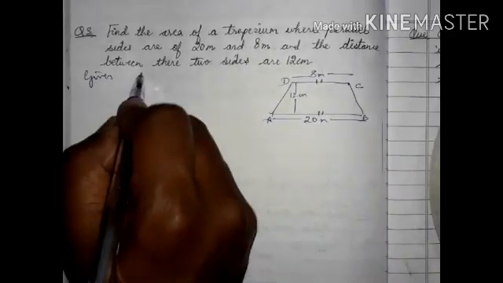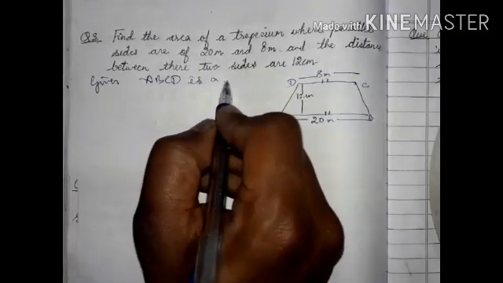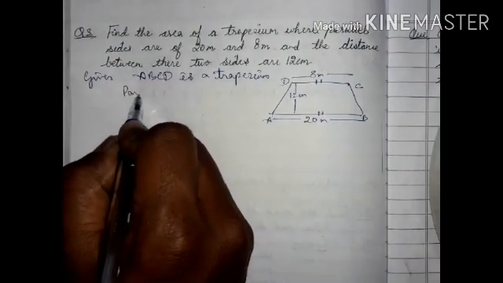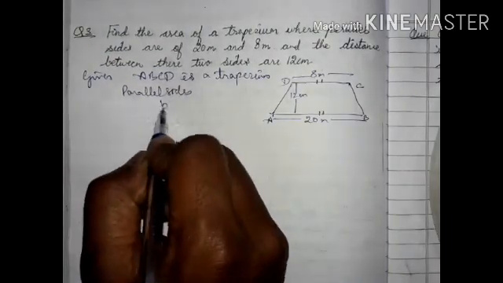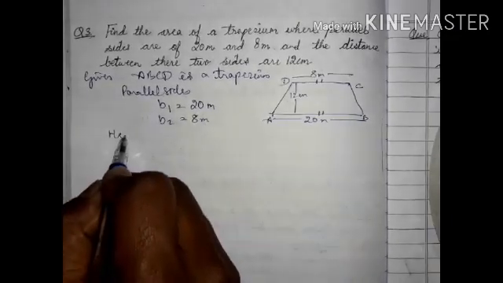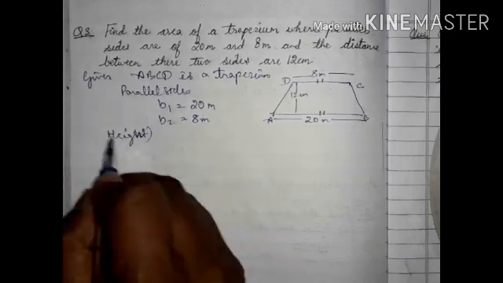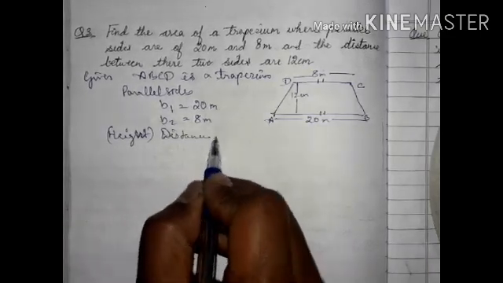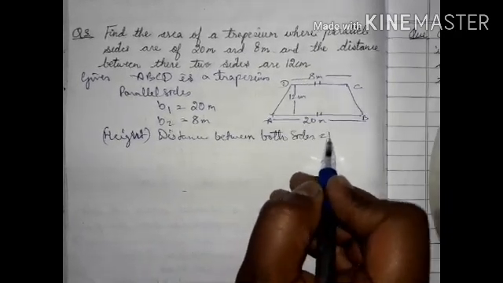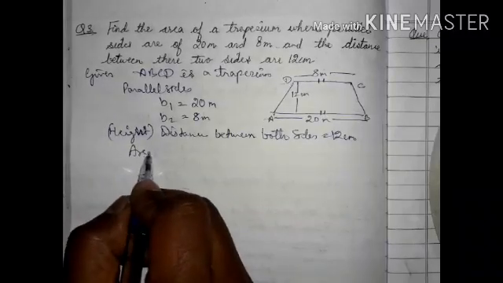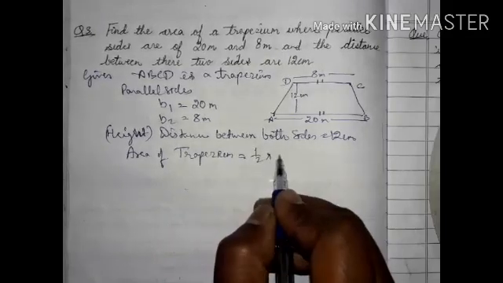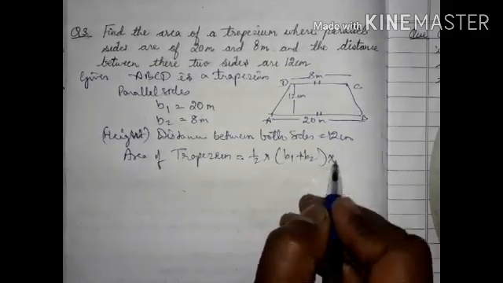So here given ABCD is a trapezium where parallel sides B1 is equal to 20 meter and B2 is equal to 8 meter, and height, meaning distance between both sides, is equal to 12 centimeter. So area of trapezium is equal to half into B1 plus B2 into height.